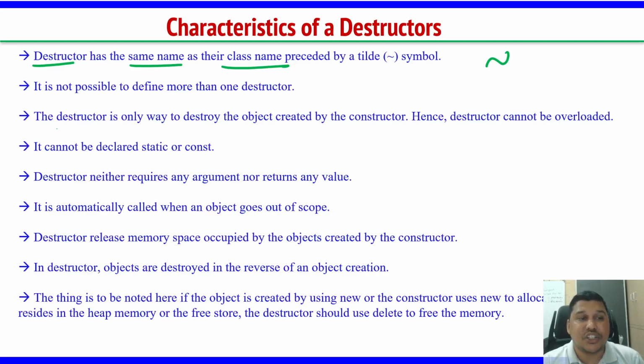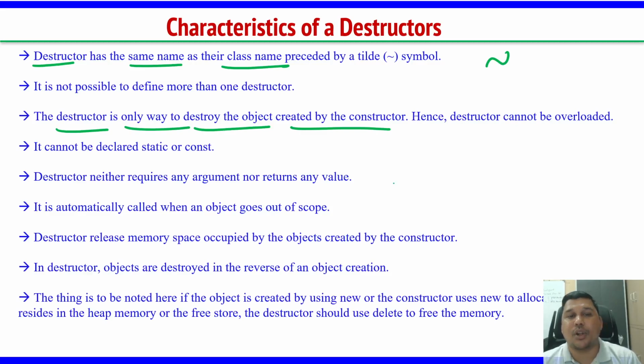The destructor is the only way to destroy the object created by the constructor. Whichever object you created with the help of a constructor, the destructor is the only way to delete that particular object. Hence, a destructor cannot be overloaded. Why? Constructors we are overloading, no?